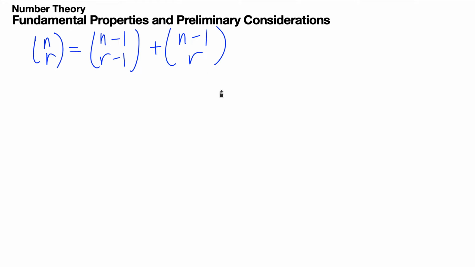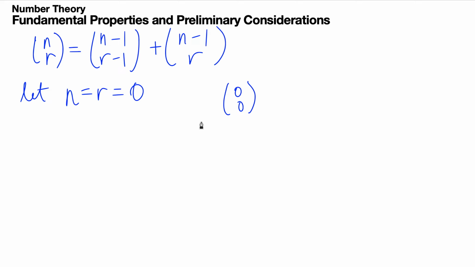What we're going to do is start with 0 choose 0, where n equals r equals 0. So the first entry is 0 choose 0. Since this is 0 choose 0, we have nothing to add up. Notice that the first term here is n minus 1.